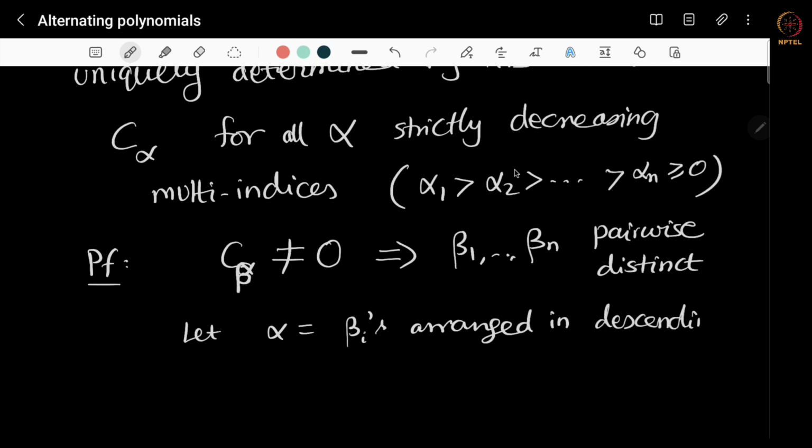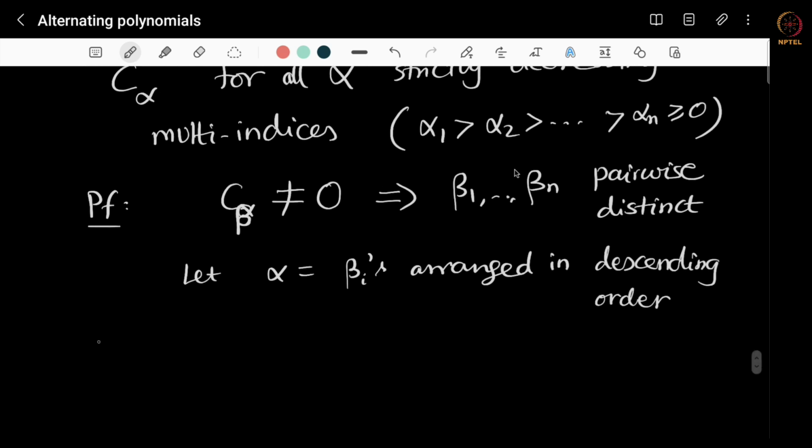So we had a similar notion when we talked about the symmetric polynomial case, where we said you can look at weakly decreasing. In this case, it turns out to be strictly decreasing. So let alpha be the betas arranged in descending order. Then observe the constant C beta is just going to be plus or minus C alpha.